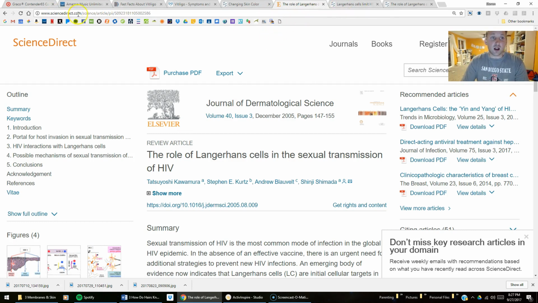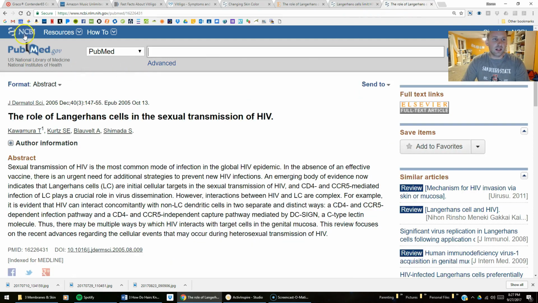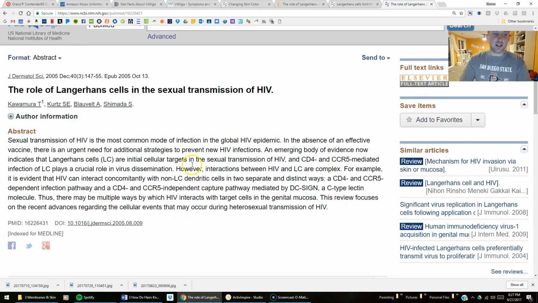One was ScienceDirect.com. I was suspicious right away. But if I go inside, I see that the article is actually from this Journal of Dermatological Science. I find the same article in the NCBI, which is an extension of the NIH. So this is I trust more. This is like a very reliable Wikipedia. That's just a little bit harder to understand.